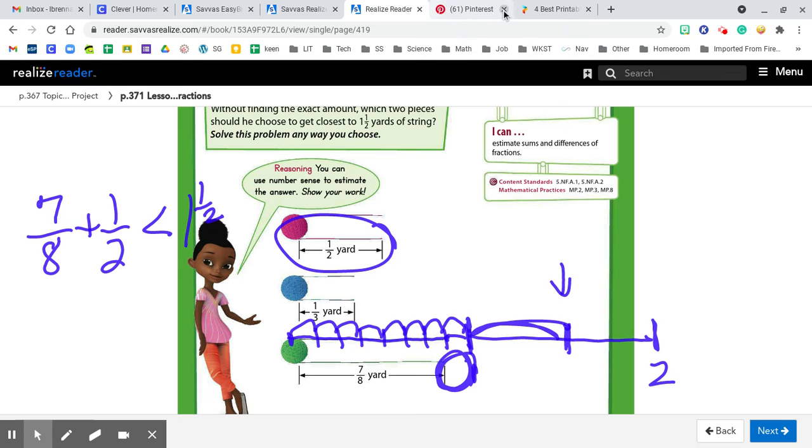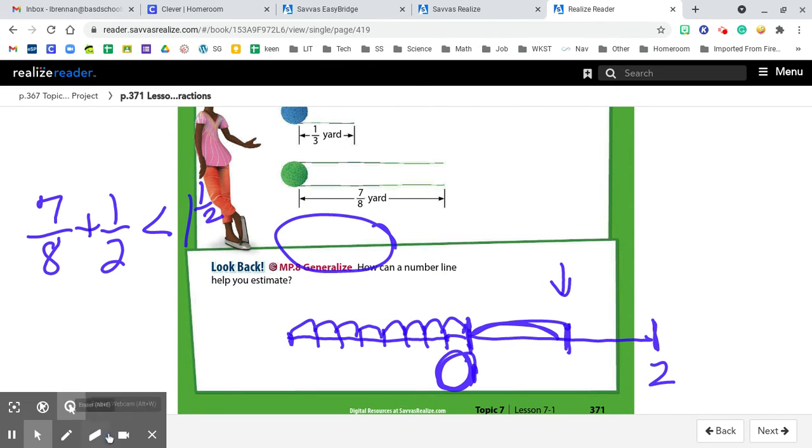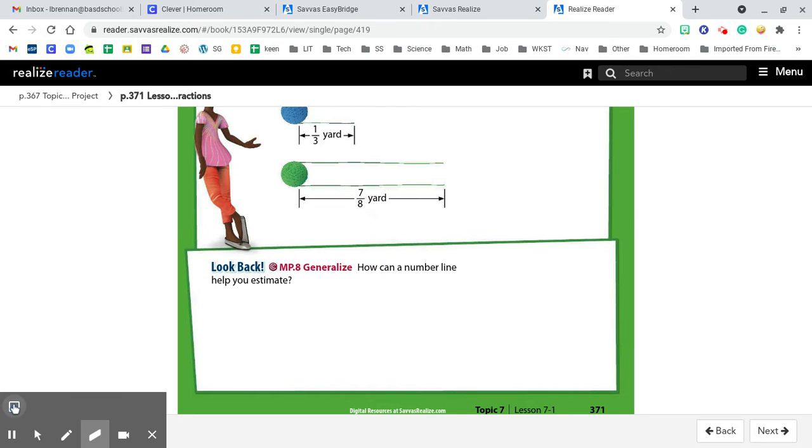So you can use a fraction chart, or you can use a number line, or you can use your basic knowledge about fractions if you have any. And a number line can help you estimate by deciding if the fraction's closest to some of the benchmarks.